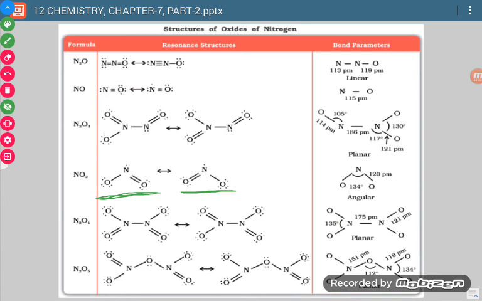Similarly for N2O4, either I can put both the double bonds on one side or on the opposite sides.